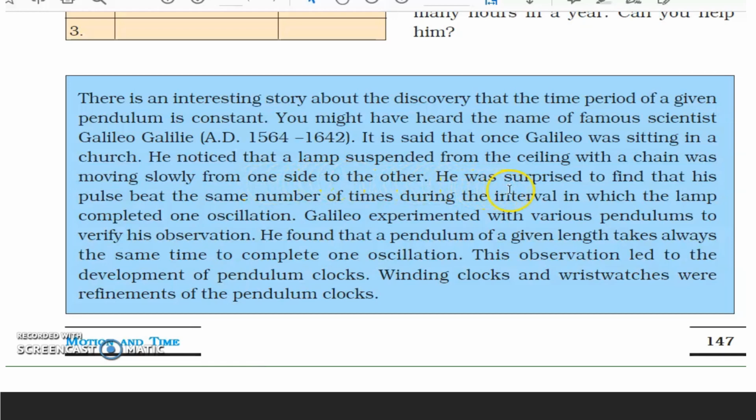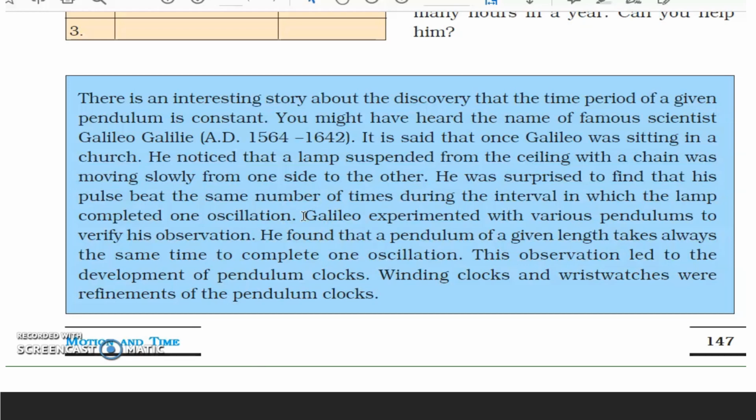He was surprised to find that his pulse beat the same number of times during the interval in which the lamp completed one oscillation. So his pulse beat was equal to one oscillation. That is a coincidence, but it leads to a wonderful and very important result, right?